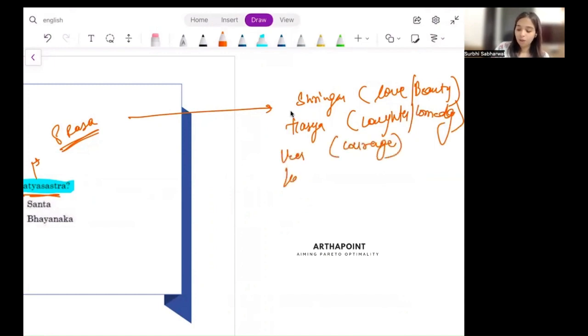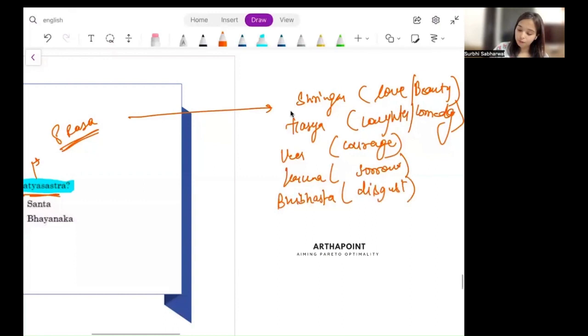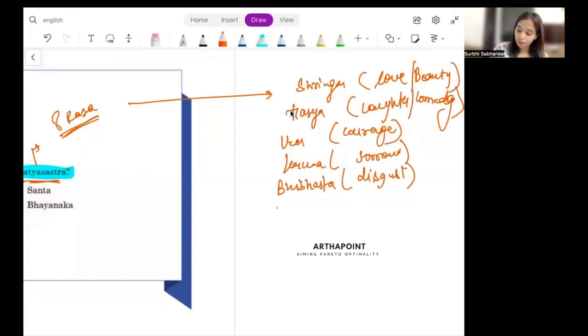You have Karuna, that is sorrow. You have Bibhatsa, that is disgust. You have Bhayanaka, that is terror.